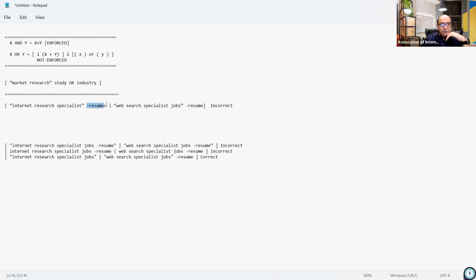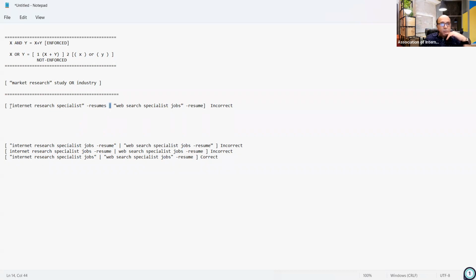First of all, as a convention, when you have a minus sign, what students used to do is that they used to think that they can take away the word resume from internet research specialist as a term that need not have the word itself, the word resume, or they think that web search specialist jobs should not include the word resumes.